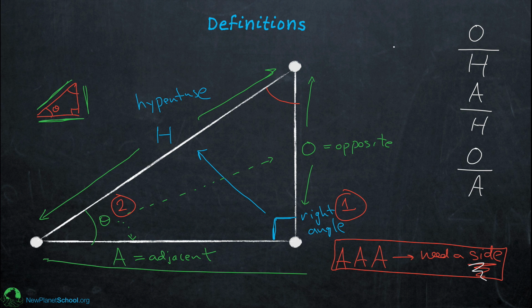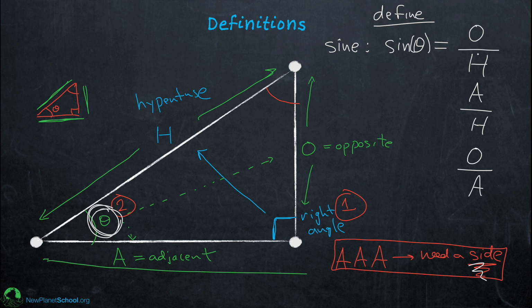What I'm going to do is relate the angle, which was a given, to these ratios. I'm just simply going to define these functions. There's a function called sine, which I'll write as sin theta. Sine of theta is equal to the opposite over the hypotenuse. If I knew what this sine function was, like it's in my calculator or I have a table, you give me the angle, I take the sine, and I can get this ratio.